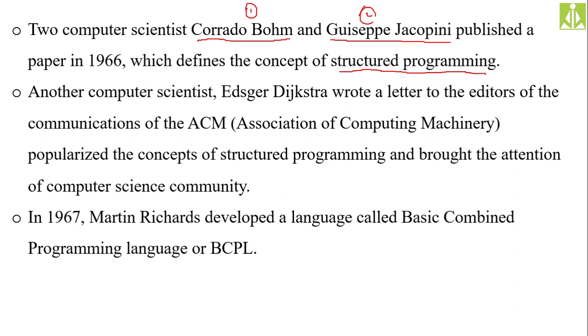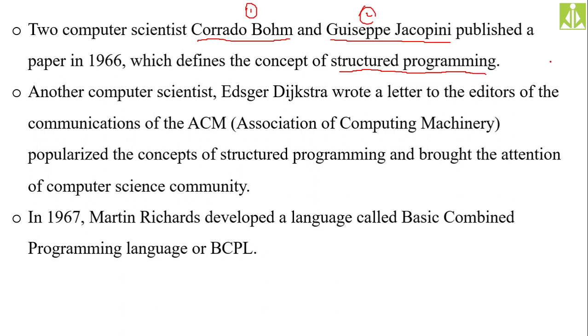After that, another computer scientist, Edsger Dijkstra, it is very difficult to pronounce these names, wrote a letter to the editor of the Communications of the ACM, the Association for Computing Machinery, and he also supported the concept of structured programming. Because of this, many programming language developers shifted their attention to structured programming.